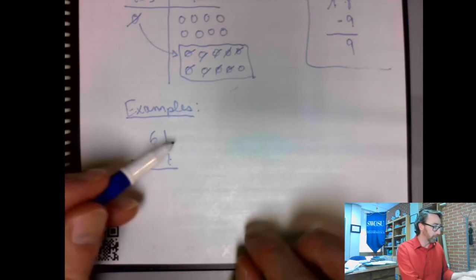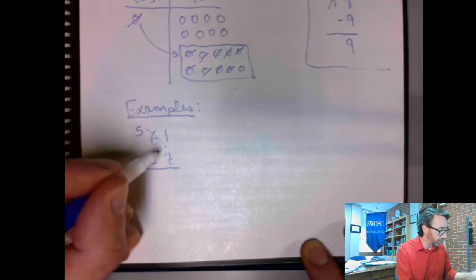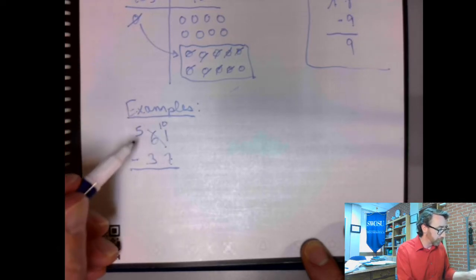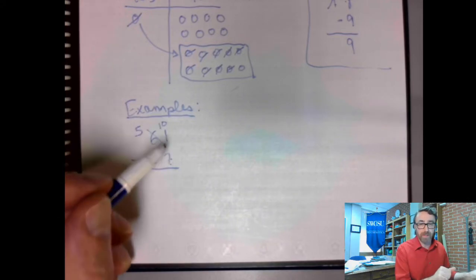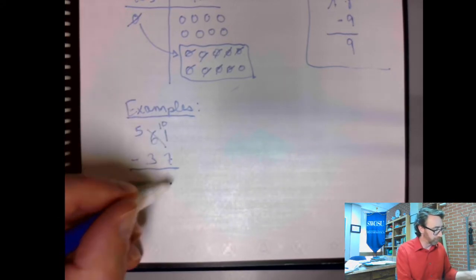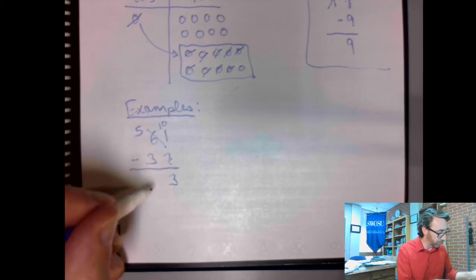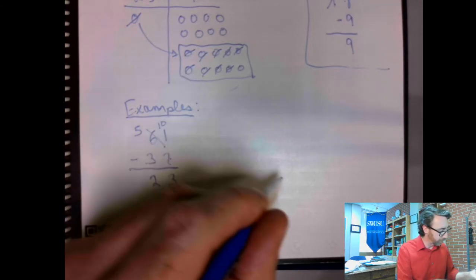Okay, so 61 minus 37, so we unbundle, we're left with 5. So instead of thinking of it as 11 and having to know 11 minus 7, we could think of it as 10 and then one more. 10 minus 7 is 3, and then 5 plus 3 is 8 to get 23.